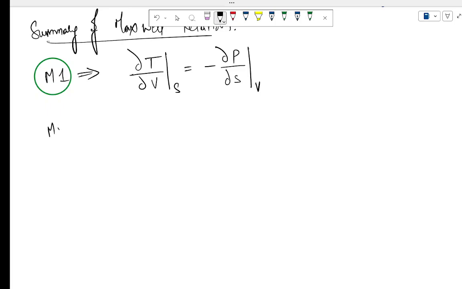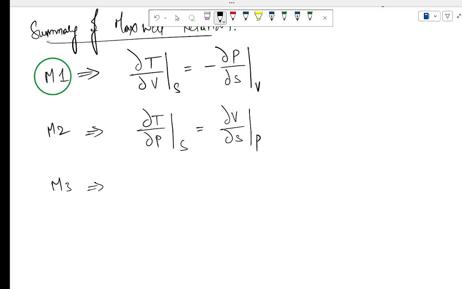And then I have my M2 now. This M2, we got it as ∂T/∂P at constant S is equal to ∂V/∂S at constant P. And I got M3 also, and this M3 is ∂P/∂T at constant volume will be equal to ∂S/∂V at constant temperature.